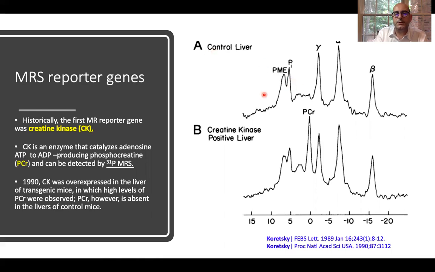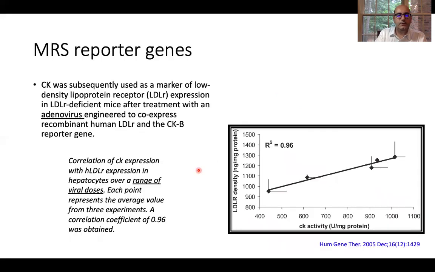For example, when creatine kinase is transgenically expressed in the liver, you can see accumulation of phosphocreatine in the MR spectra. So that was a brilliant idea.